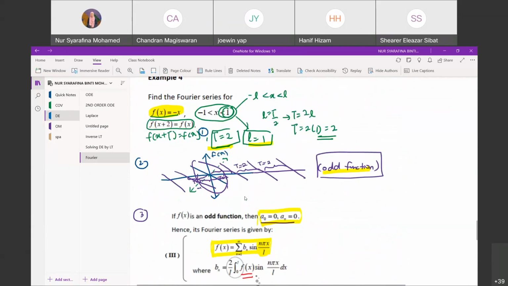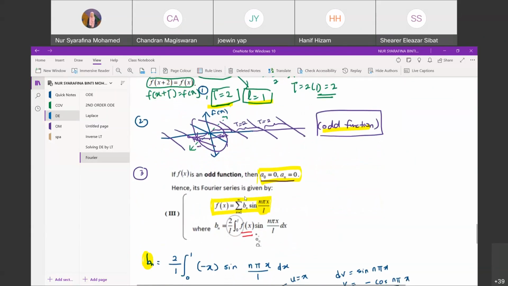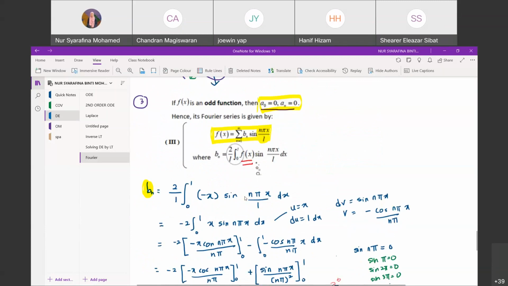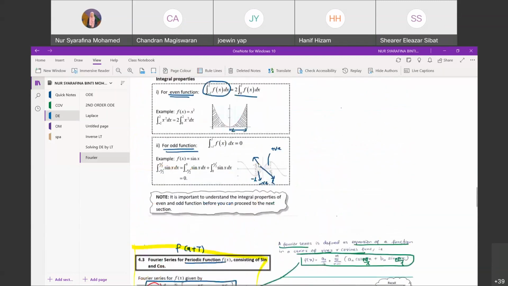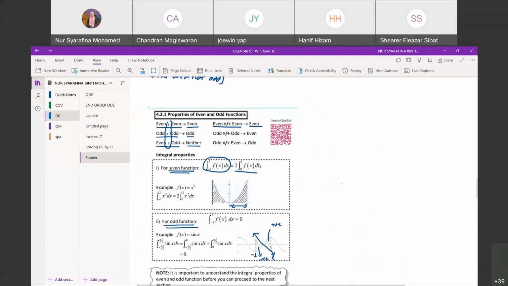When f(x) is even, multiplied with sine, which is odd, even times odd gives odd.